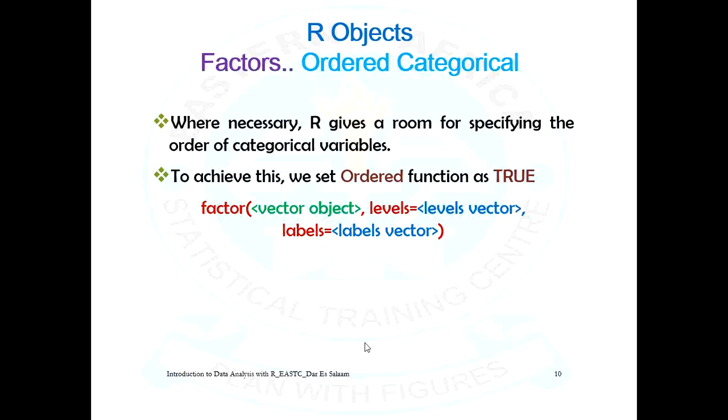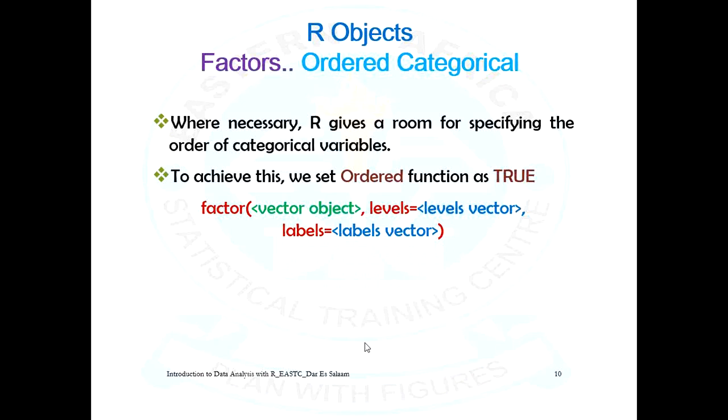We have seen some factors, how to make factor variables. Factor variables which are categorical in nature. Now, you do remember that factors or categorical variables can be ordered or can be nominal.